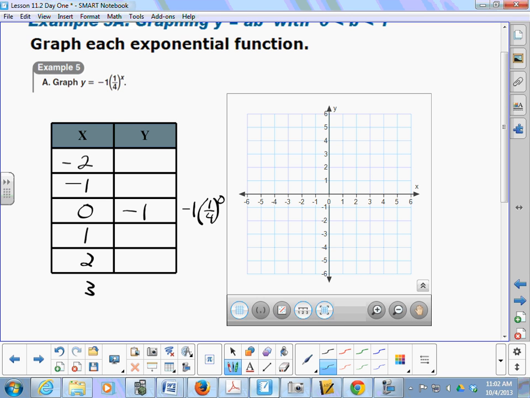So what's -1 times 1/4? -1/4. And what's -1/4 times 1/4? It's -1/16, because 4 times 4 is 16. So this is going to be -1/16.